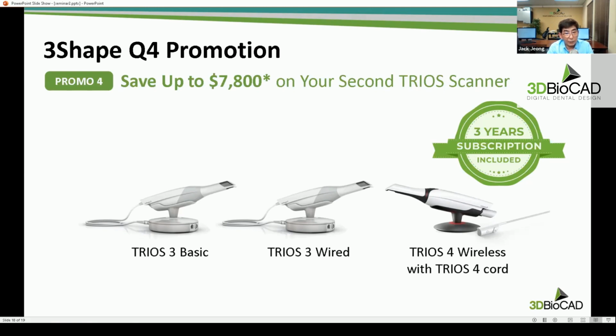Potential savings, combining different promotions, rebates, and discounts, you could save up to around $12,000, really depending upon which scanner you choose. Of course, the trade up and trade in program is currently available as well.